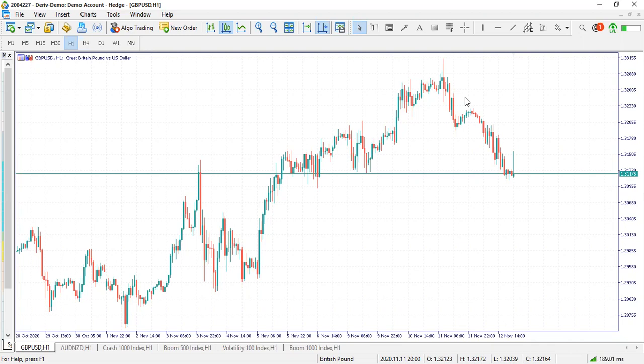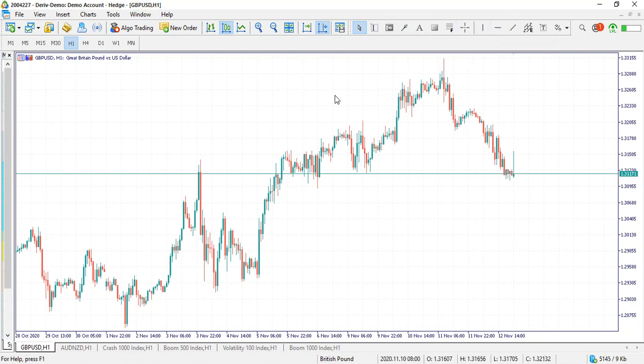If you see a second move or a second entry in your setup, you can ride the trade and be profitable. So we're going to see how you're going to do that, how you're going to be in a trade, taking your second entry and still ride the trade to profitability or to profit.